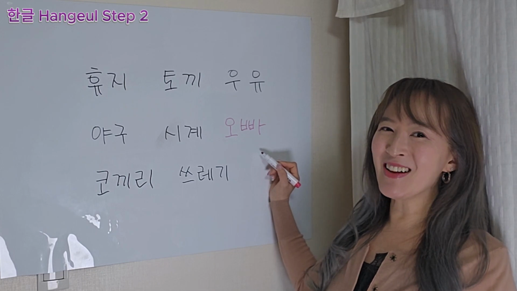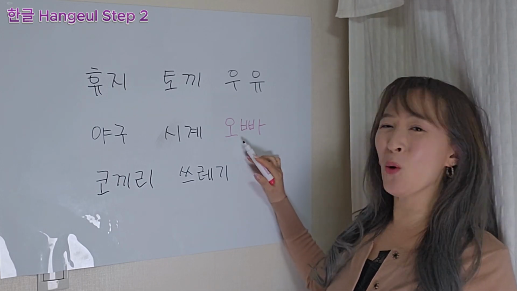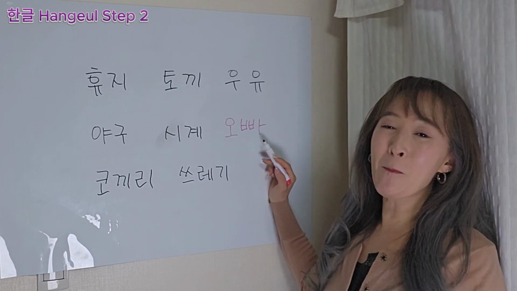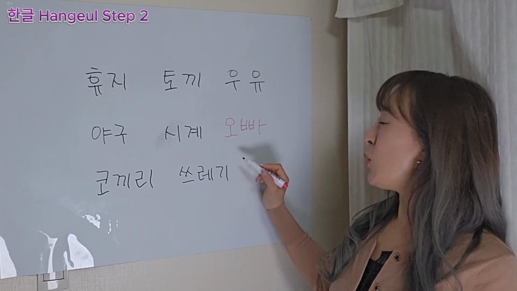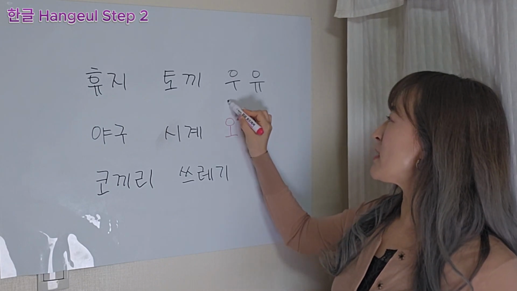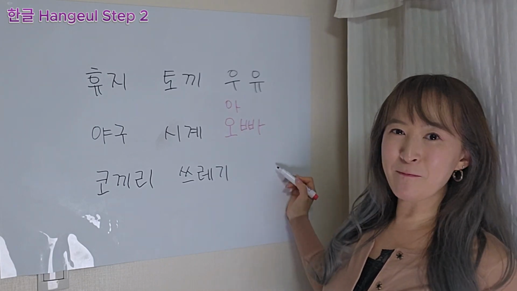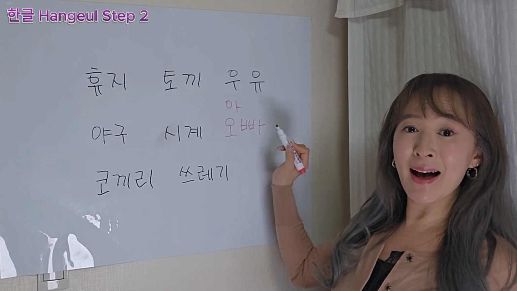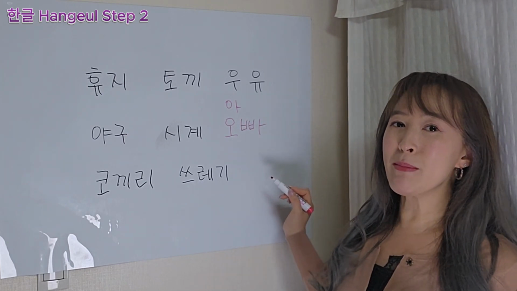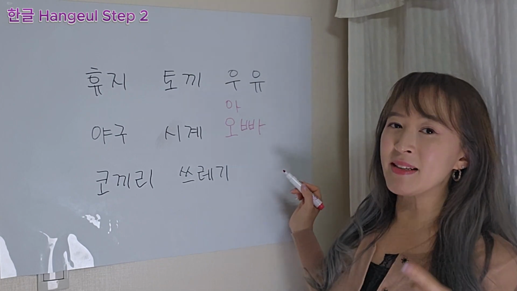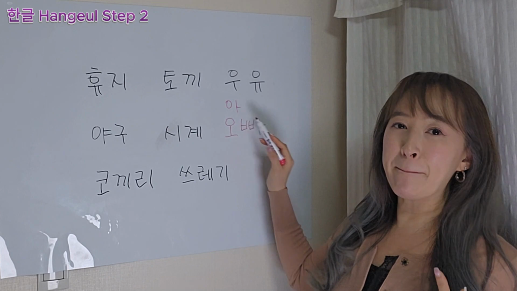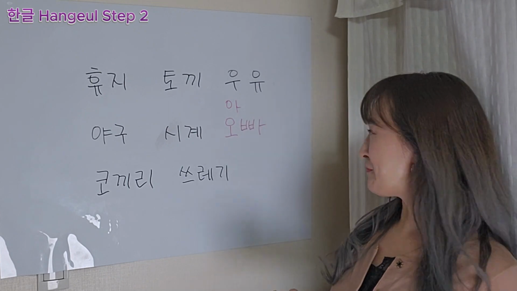Psy's Gangnam Style. It says Oppan Gangnam Style. So oppa just means older brother. Well, let me twist it a little bit and make this O instead of O. A. Appa. Appa means dad. Remember last time we had 아버지, which was father, and this time 아빠 is dad.